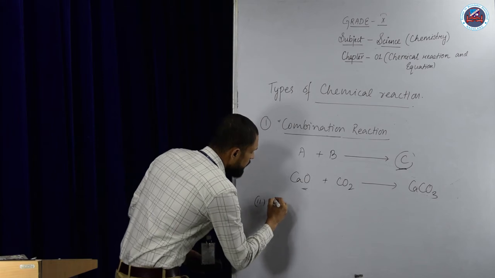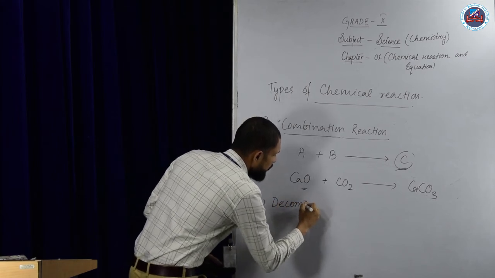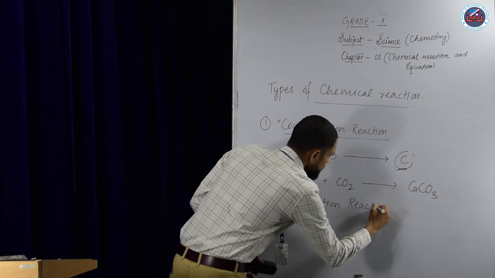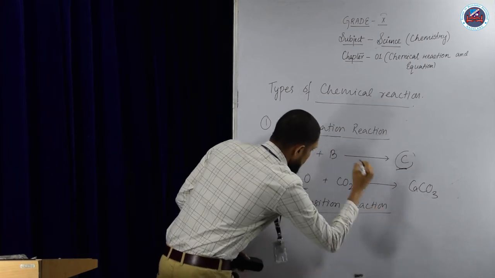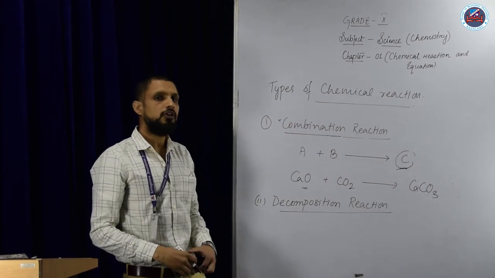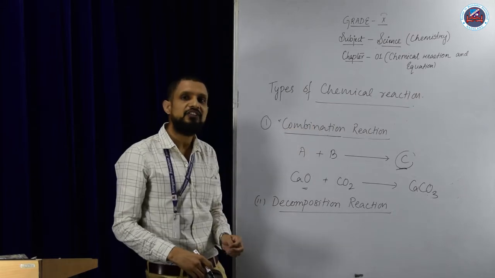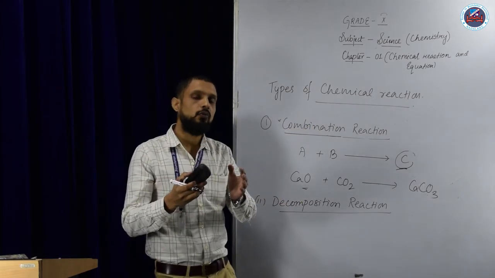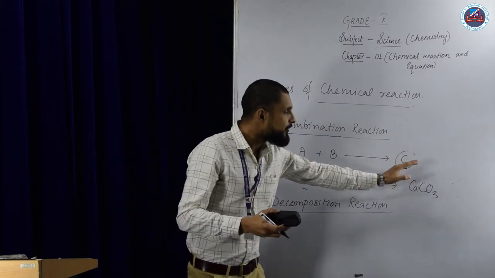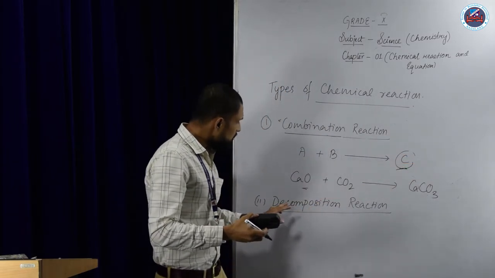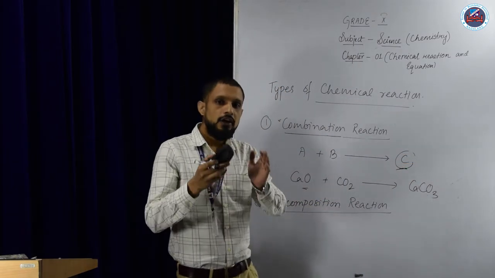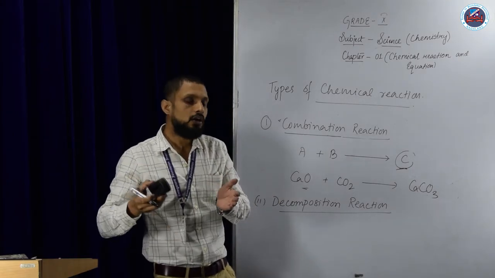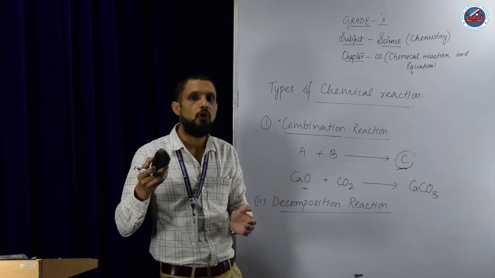Next is decomposition reaction. Now you can say decomposition is the opposite of combination. In combination, 2 or more reactants will combine to form a single product, whereas in decomposition reaction, a single reactant will decompose, that means break, to form 2 or more products.